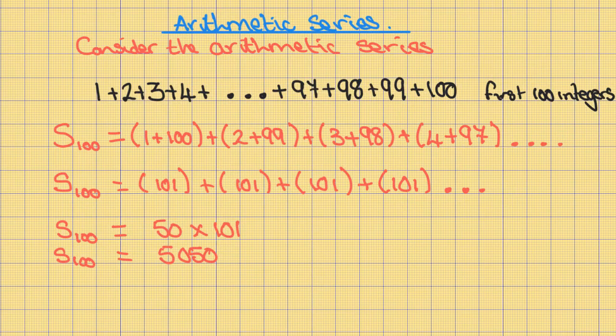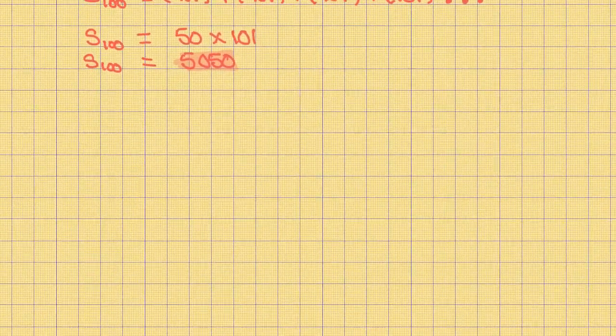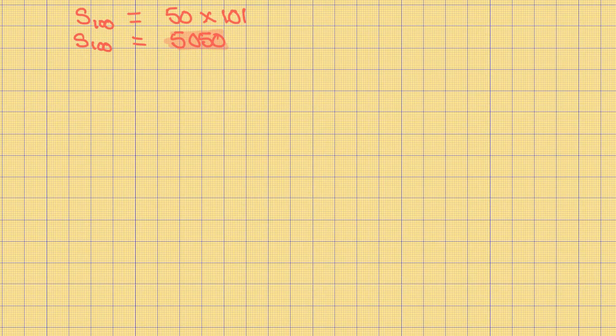In other words, the sum of the first 100 integers is equal to 5050.